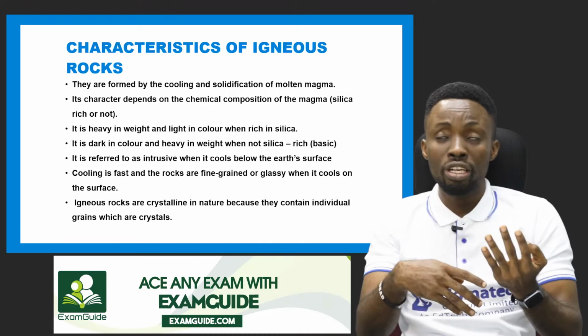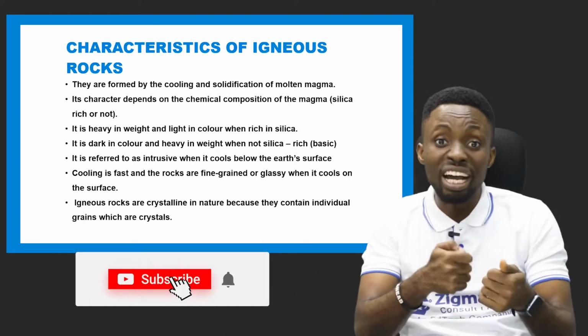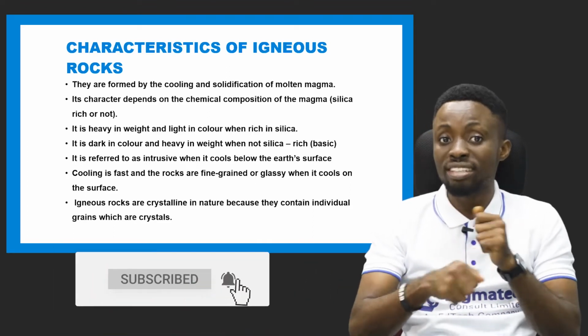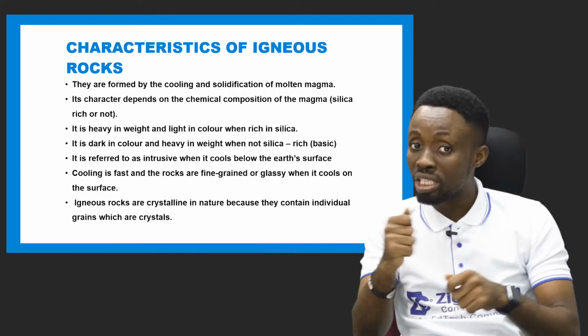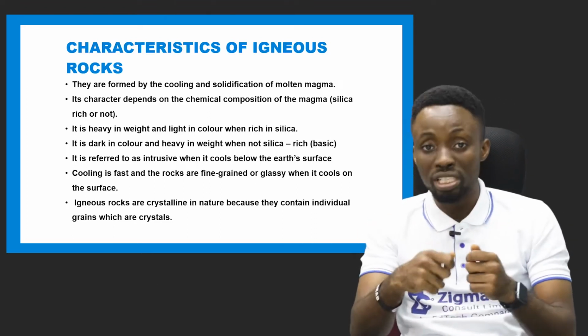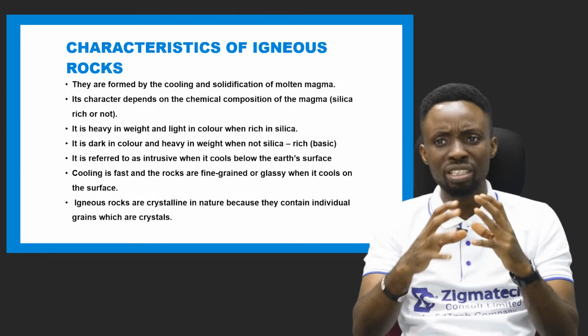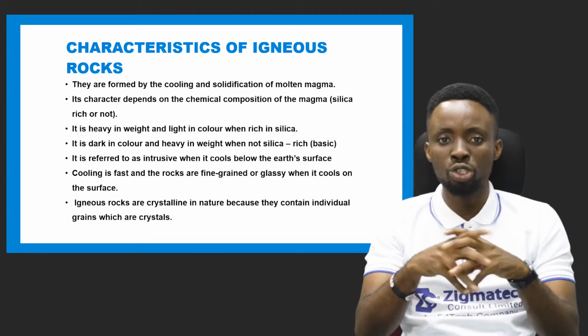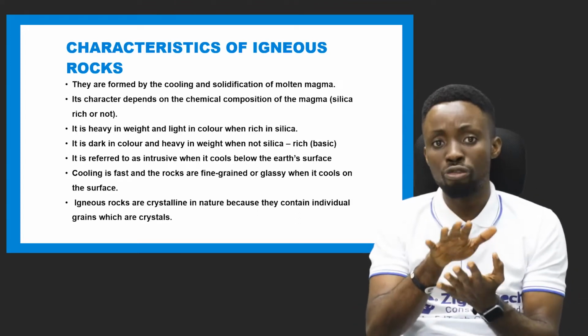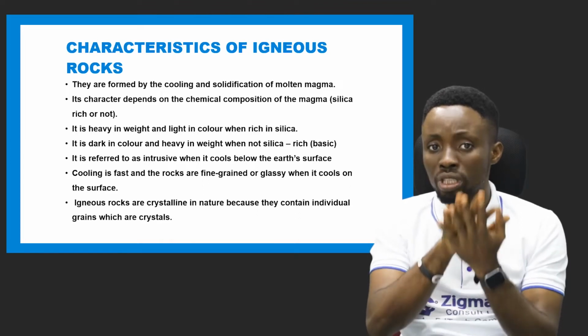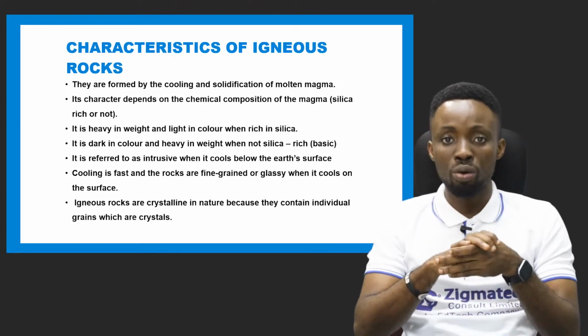So for an igneous rock to be darker, it must have a lesser amount of silica. For it to be lighter, it must have a greater amount of silica. So their character depends on what? On its chemical composition, or the amount of minerals found in a particular igneous rock.